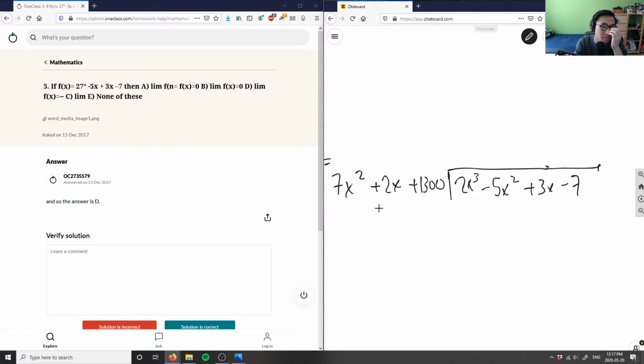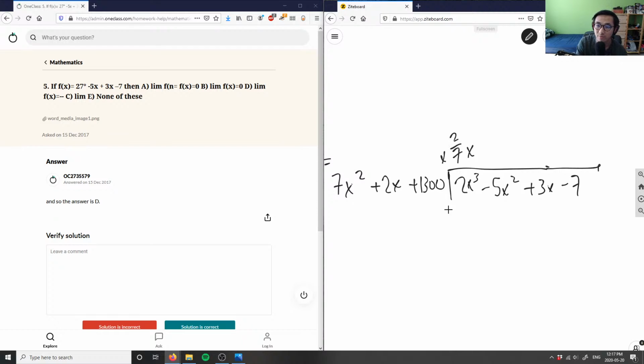I want this times this to equal, I want to cancel this x cubed term. So I'm going to put 2/7 x here, sorry, it's 2/7, not 7/2 here, because 7 times 2/7 would give me a value of 2, and that's what I want here.